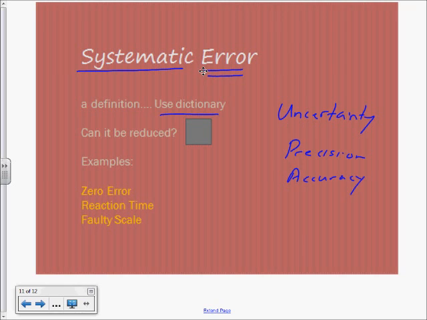Okay, so what I want you to do is write down a definition for what we mean by systematic error. And the good example that we've talked about already is something like zero error. Another one might be reaction time.